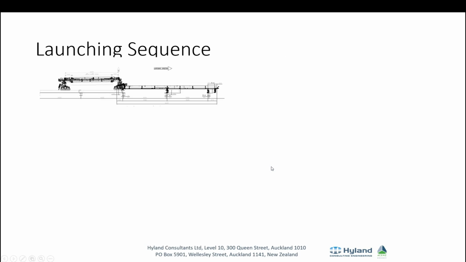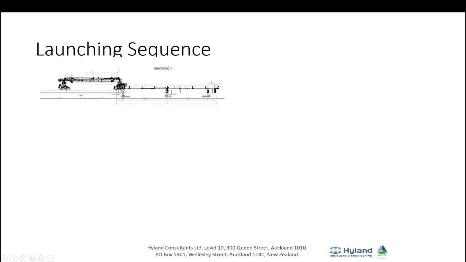Okay, so the launching sequence of this is the launching gantry moves along the viaduct, then comes to the edge where there's a support beam. That's roughly about 2.9 metres deep and a metre or so wide box girder that has been launched out already ahead of it over 2 spans.